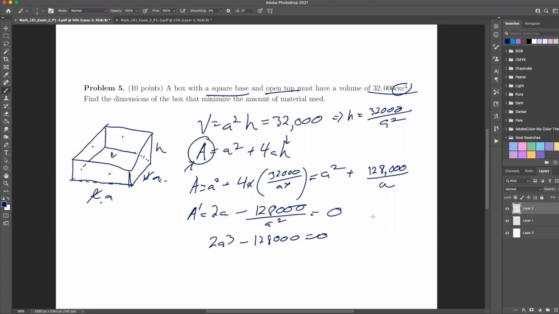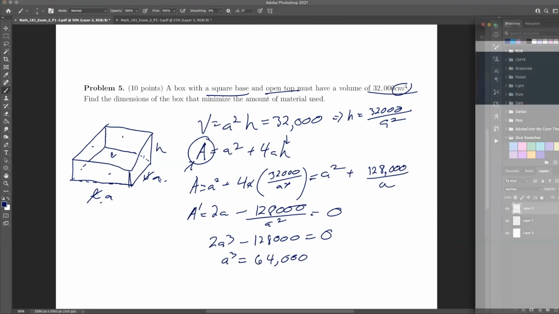It's called clearing the fraction. You may or may not have been taught that technique. And then here we just move it over. So I have A cubed. I'm going to divide this by 2. So that's 64,000. And the cubic root of 64,000.